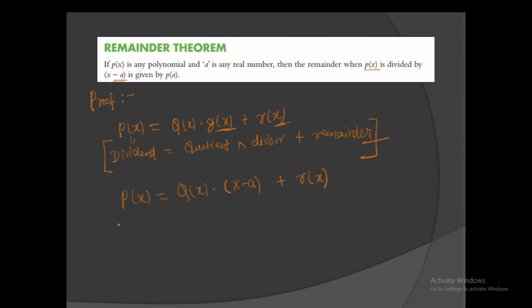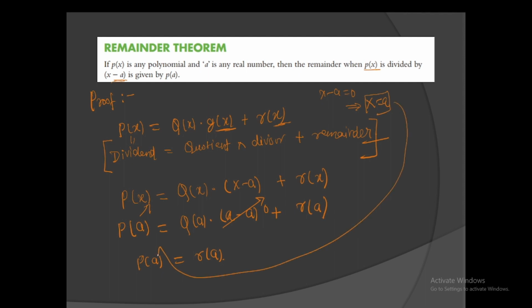If we put the value of x to be a, then on the LHS we get p of a, and on the RHS we get q of a into a minus a plus r of a. Basically this thing is 0. So p of a is r of a, where x minus a equal to 0 gives the value of x equal to a.